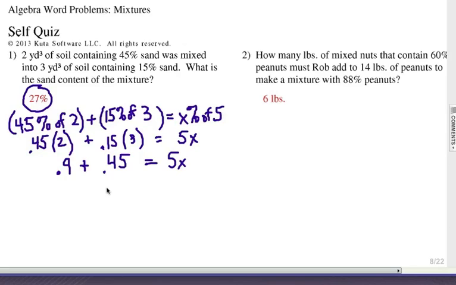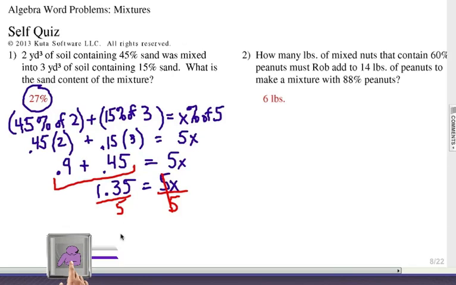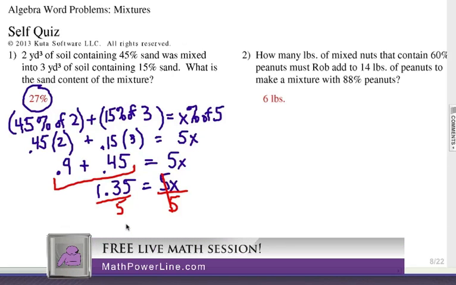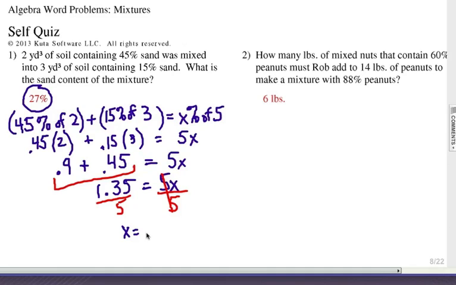We are going to add these together here, which will give us 1.35 equals 5x. Divide each side by 5, and we will get x equals 0.27, which, as we turn it back into a percentage, of course, gives us 27%. All right, I hope the sequence there made sense.